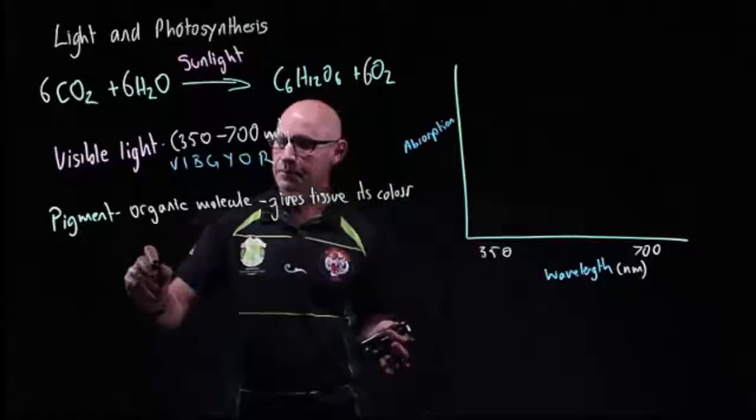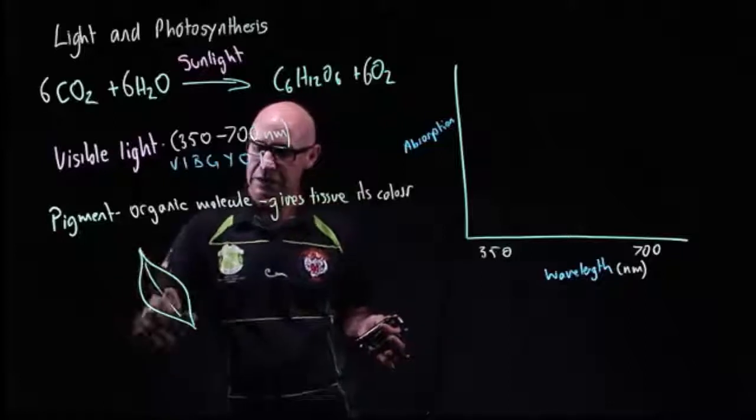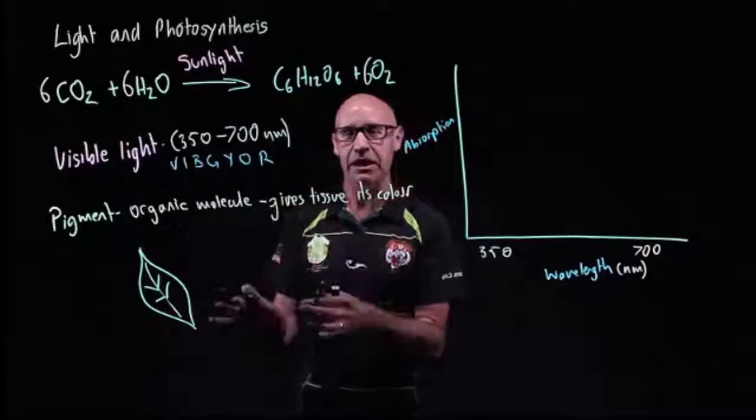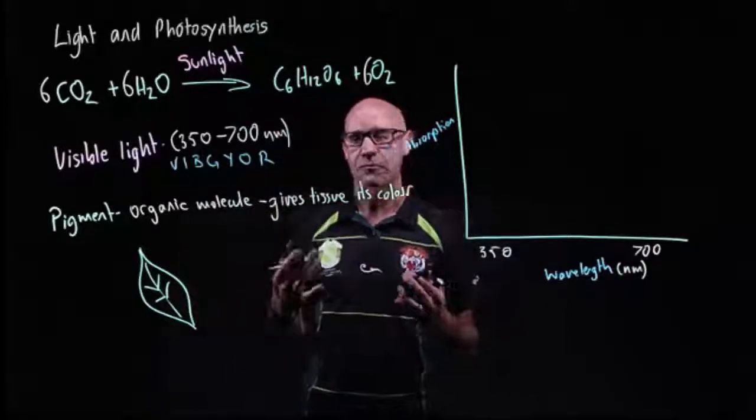So for example, many leaves on plants are green, and they appear green because some of the colours are absorbed and some are reflected.